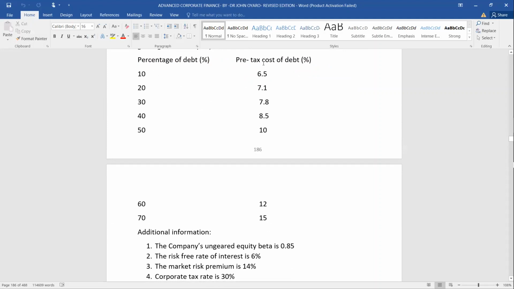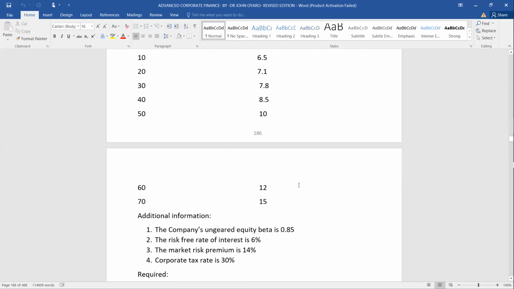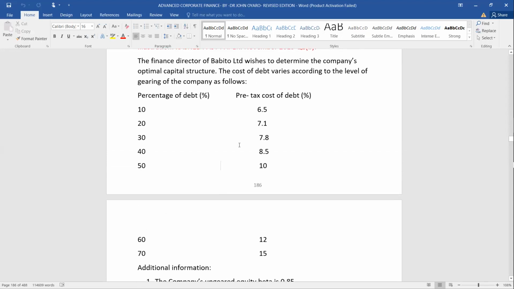Notice the question is saying pre-tax. 20% debt, the pre-tax cost of debt, 7.1. 30% debt, 7.8. 40%, 8.5. 50%, 10. 60%, 12. 70%, 15. Notice, pre-tax.